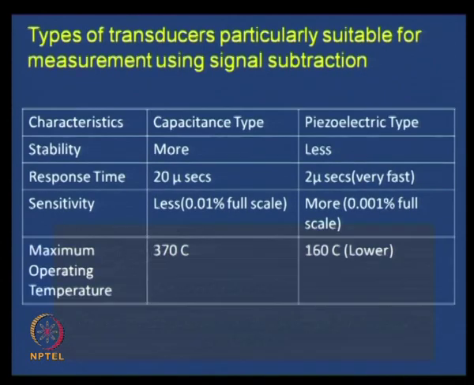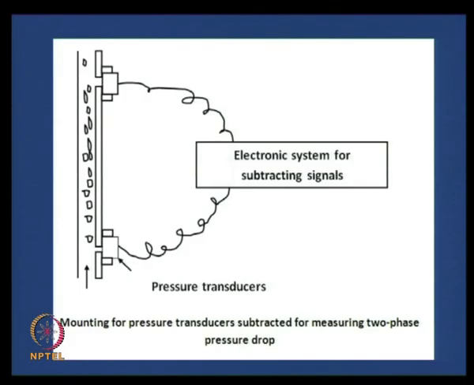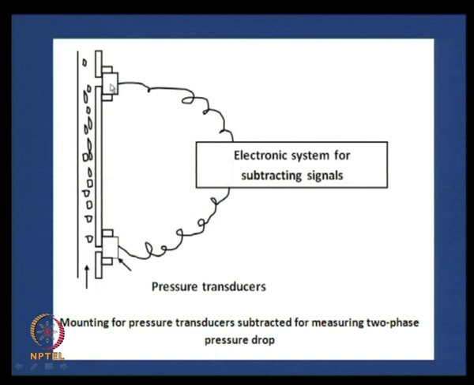See, in this system we measure two signals and we electronically subtract them. Usually both the signals are very large, and such two large signals are subtracted to give a very small difference. Now, whenever you measure something, you cannot say it is 100% accurate. There will be some errors in any measurement that you do. So, there is an error in measuring the pressure here, and an error in measuring the pressure here.